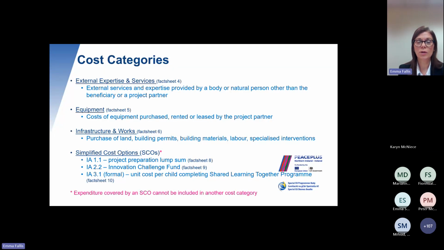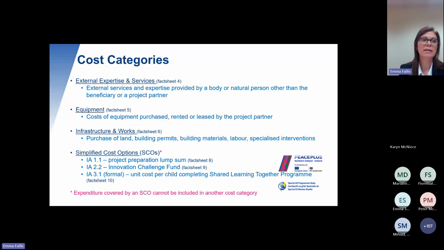A few of the projects also have simplified cost options, which don't feature in any other cost category. In relation to investment area 1.1, there is the project preparation lump sum, and details of that are included in fact sheet 8. For the Innovation Challenge Fund, which is investment area 2.2, there are a number of simplified cost options, and the details of that are included in fact sheet 9 of the programme manual.